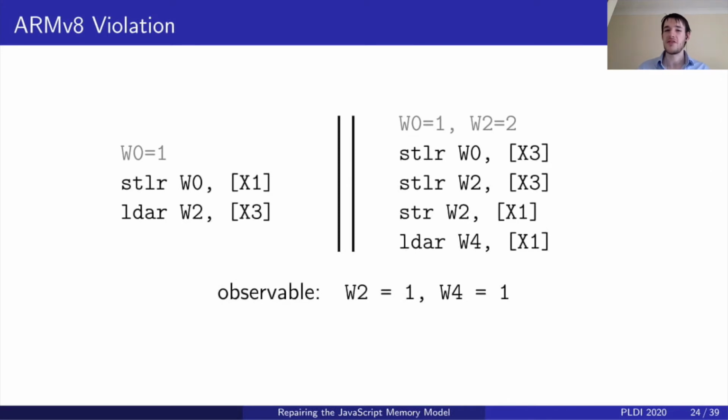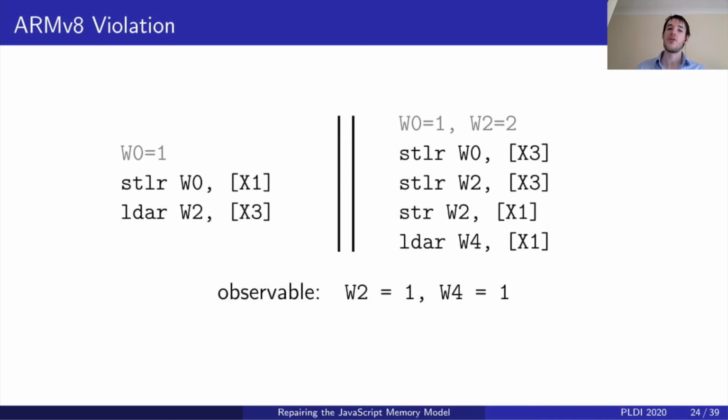Now this architecture, the ARMv8 architecture, has special instructions, the LDAR, STLR instructions, which are designed to efficiently implement C++ atomic operations. Now at the very least, Chrome's JavaScript engine, V8, uses this compilation scheme. The ARMv8 memory model says that this outcome is allowed, meaning that a JavaScript program compiled to ARMv8 can exhibit an execution which is forbidden by the JavaScript memory model.